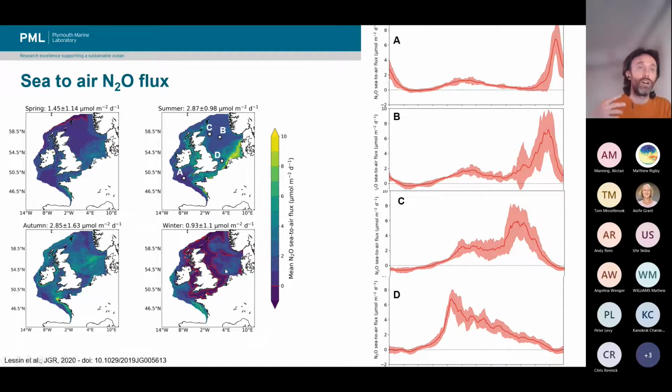And that's because in cooler water, the saturation increases, and so more N2O can actually stay in the water than is there, and so the flux goes from the atmosphere to the marine environment.